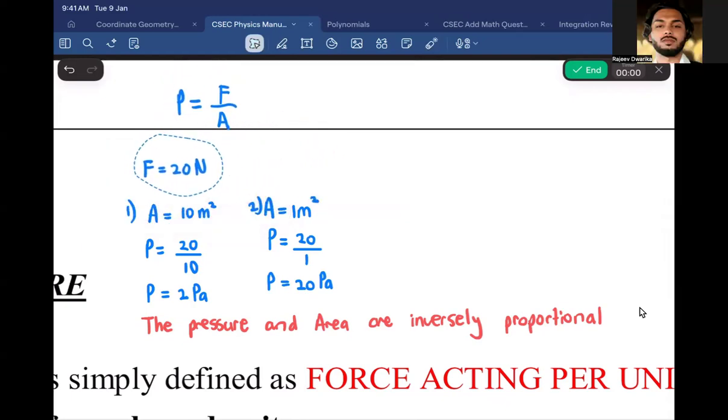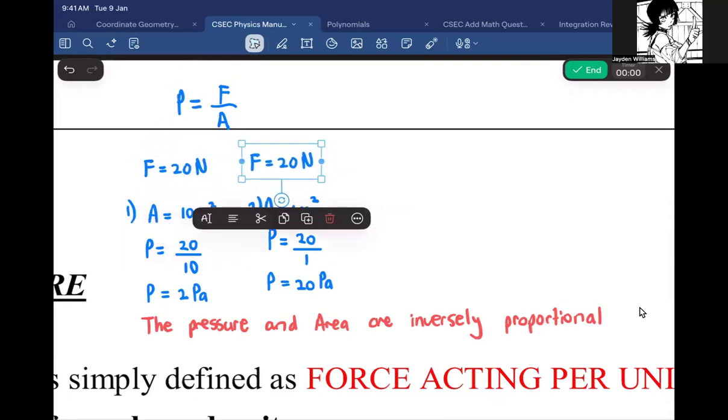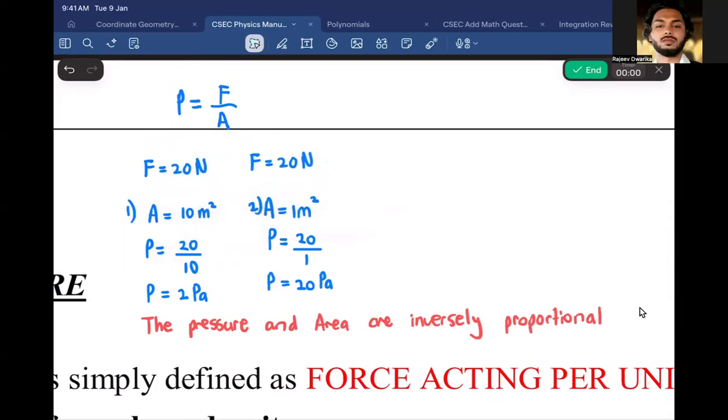And what is pascals? What does it measure? It measures the what? The pressure. The pressure, right?